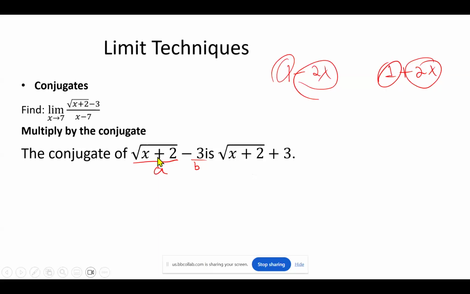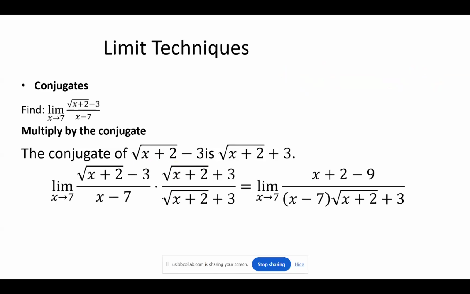Very important that you don't switch the sign inside the square root, because if you switch it there, you'll get the wrong final answer. So once you have the conjugate, since this is a fraction, you multiply by the conjugate on the top and the bottom. And the nice thing about conjugates is that we have this formula, which some people call the conjugate square formula, and sometimes it's called the difference of squares formula.